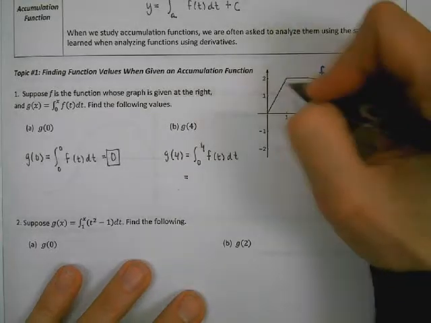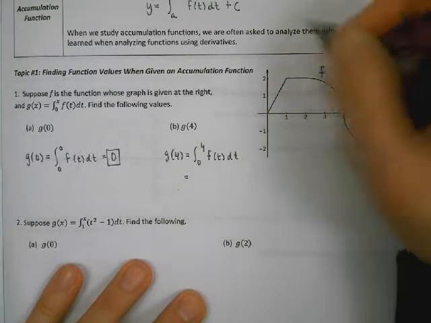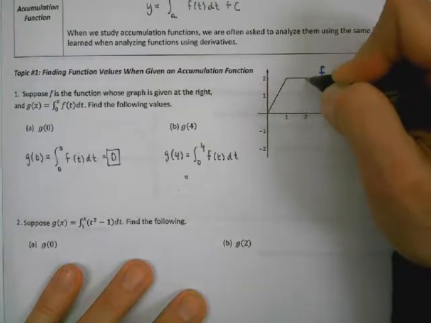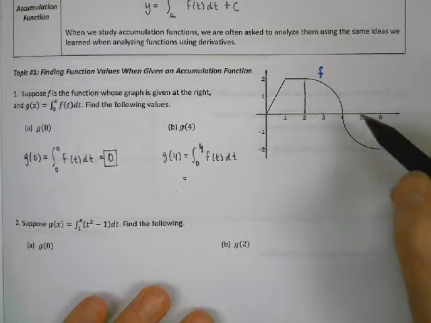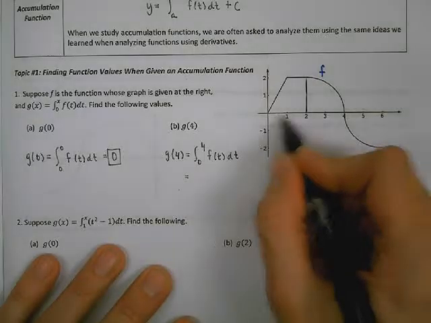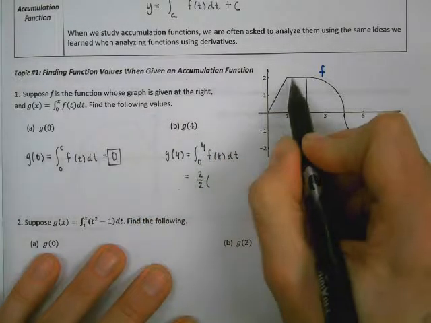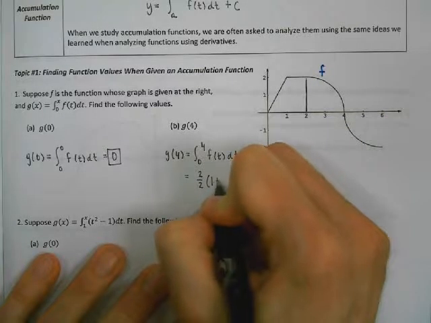Okay, so let's see. I can do between 0 and 1. Actually, let's do this. It looks like I've got a trapezoid here, and then I'm going to have a quarter of a circle. So let's do our trapezoid. The height of that trapezoid is 2, so 2 over 2. My base 1 is 1.